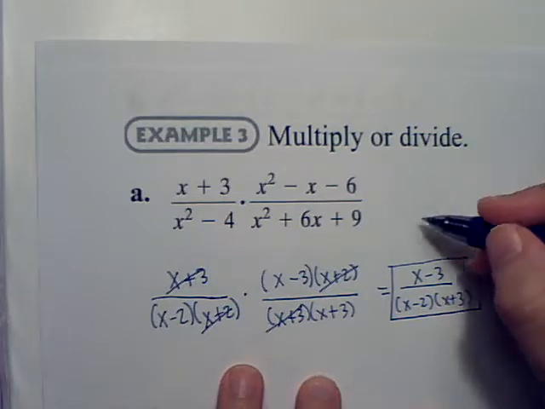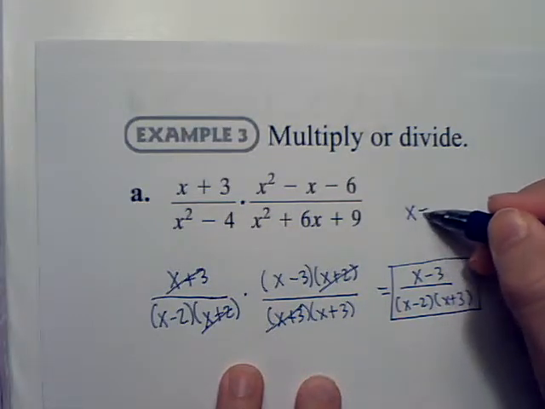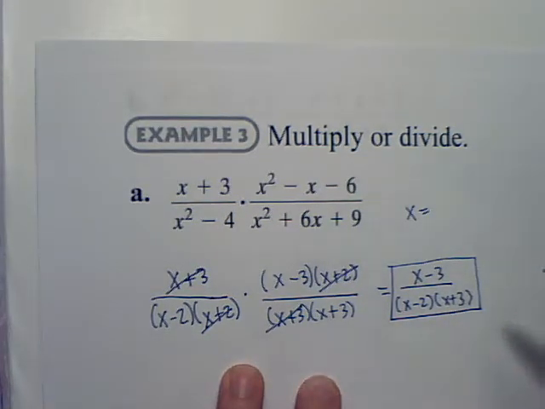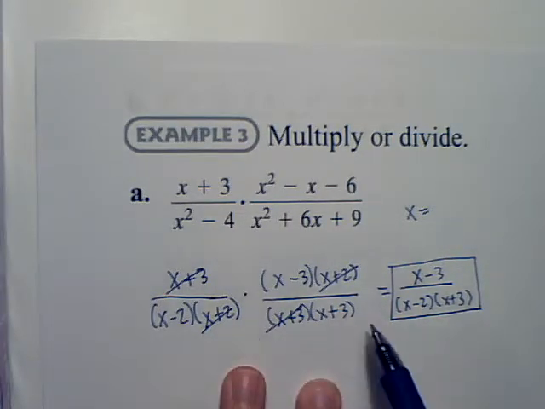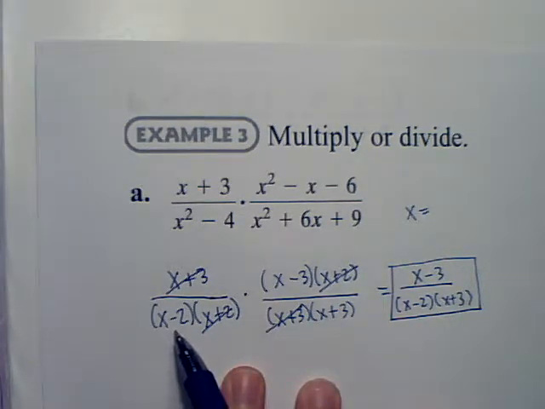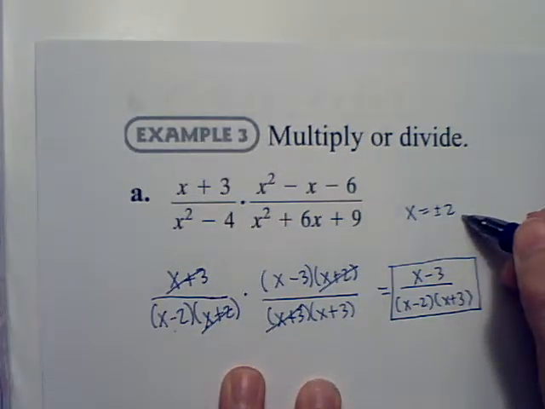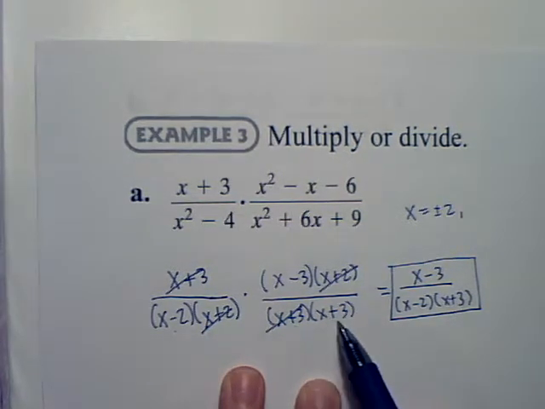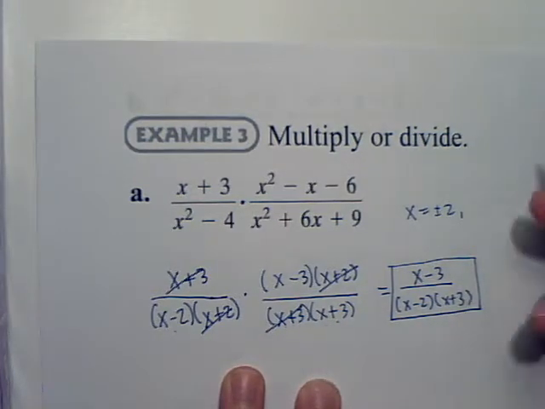And then we've got to figure out our domain. So again, we need to go back to the original. Even though we've canceled some terms out, we have to think about what x is not allowed to be. So if we look at all the denominators here, x cannot equal positive 2, cannot equal negative 2, so plus or minus 2. And then here, these are both positive, so x cannot equal negative 3.